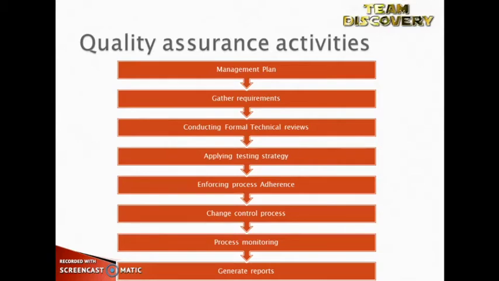Product evaluation and process monitoring ensure that the development and control processes described in the project management plan are correctly carried out. These tasks ensure that the project-related procedures and standards are followed. They also ensure that products and processes conform to standards and procedures. Audits ensure that the product evaluation and process monitoring are performed.